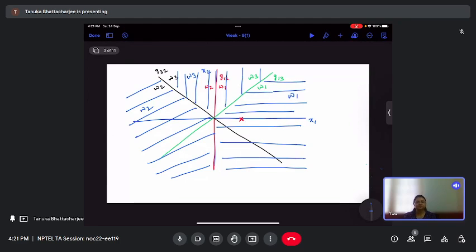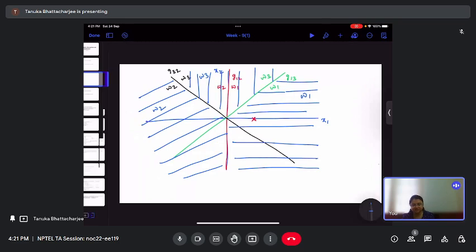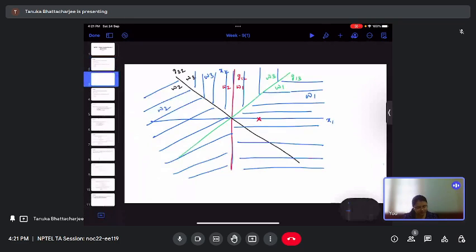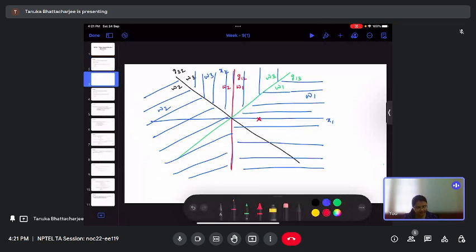Now, if you are given an unknown feature vector, you can just see which part of the feature space that point belongs to, and you can simply classify the feature vector into the class to which that region belongs. For example, the first feature vector that is given is 5, minus 1.